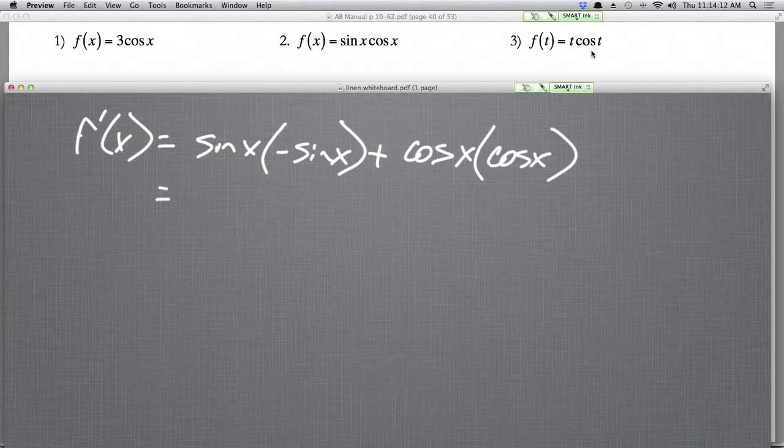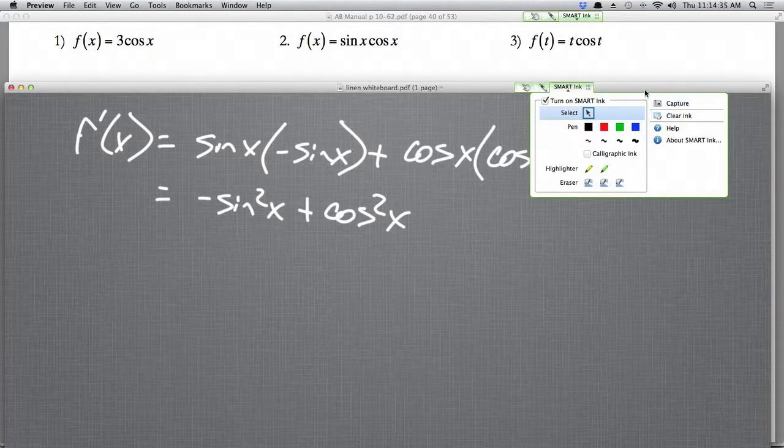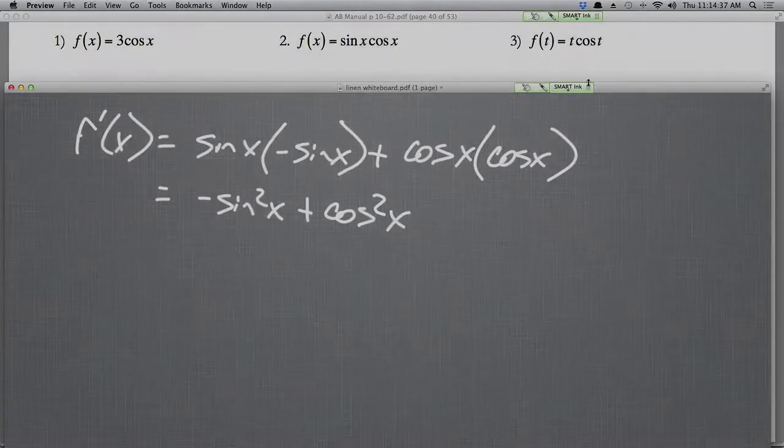So we're looking at negative sine squared plus cosine squared. Not negative 1. If both signs were negative, it would be negative 1. But since my signs are opposite, I can't do anything. Unless it's cosine squared minus sine squared. Right, I could, yes, I could do that.